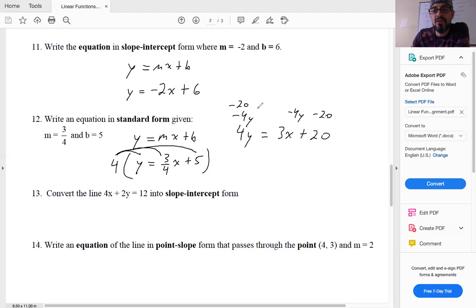So what's going to happen here, these cancel. I'm left with -20 equals 3x minus 4y, as these cancel too. Then I'll just change the order: 3x minus 4y equals -20. And there it is, the standard form of that line.